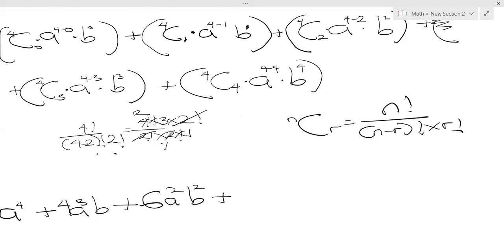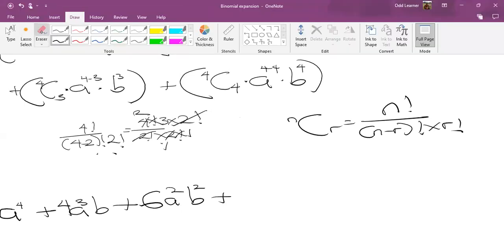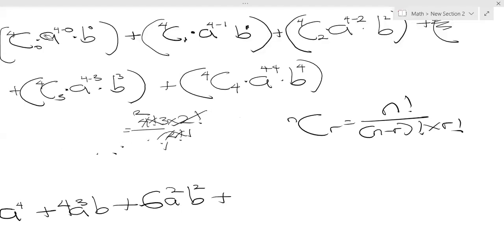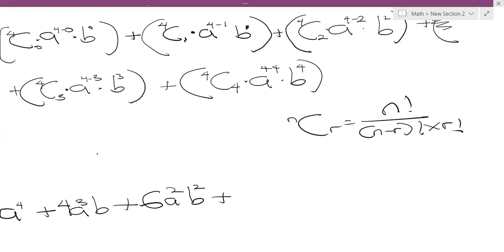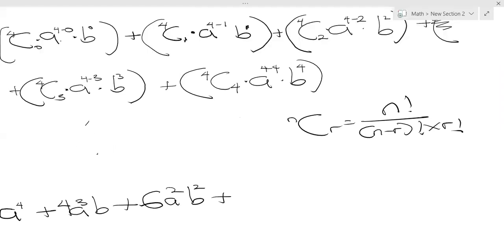In the second to last, 4c3. That will be 4 factorial over 4 minus 3 factorial, 3 factorial. 4 minus 3 is 1, so 1 factorial is still 1.